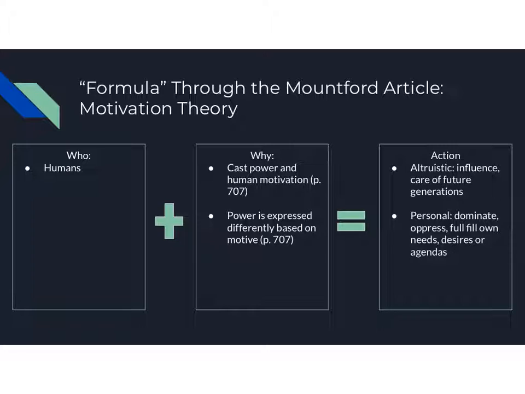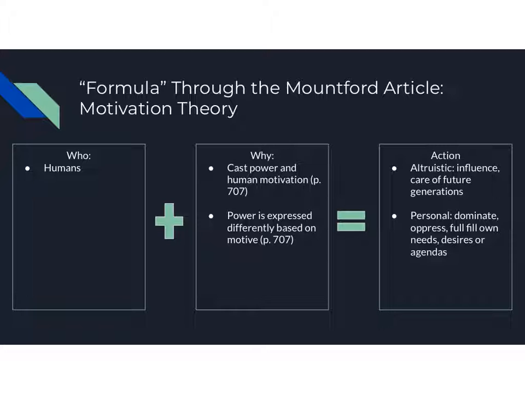So moving into our second piece, the Munford article, again, we're talking about the who plus the why equals the action. So within this article, it is a research article. It's a qualitative study. And near the beginning, they talk about motivation theory.